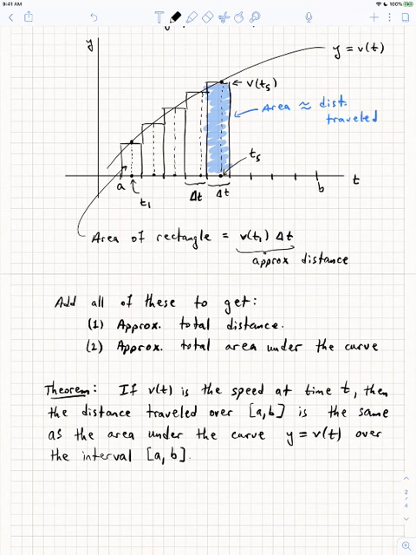So these two objects are actually the same, which is why there is a relationship between the distance traveled and the area under the curve, even though that might seem a little surprising at first.